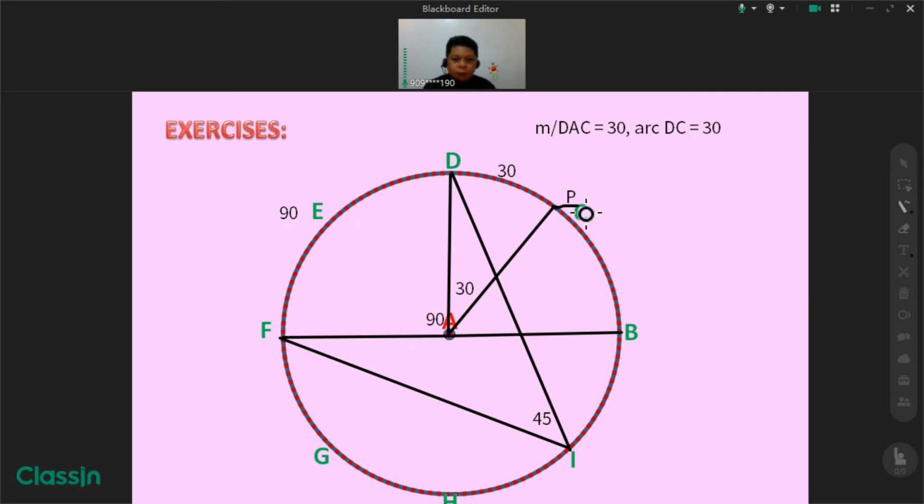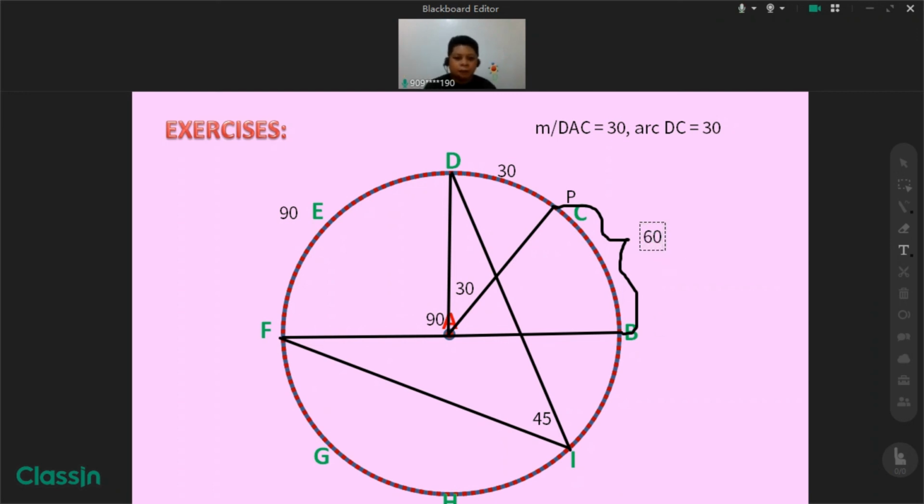We have diameter FB, so it is 180. We have already 90 and 30, so that is 120. Therefore, the measure of arc PB is equal to 60 degrees.